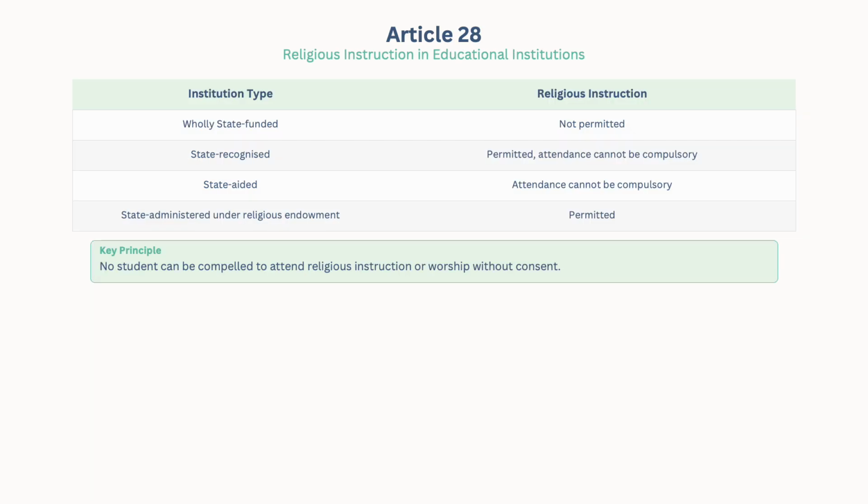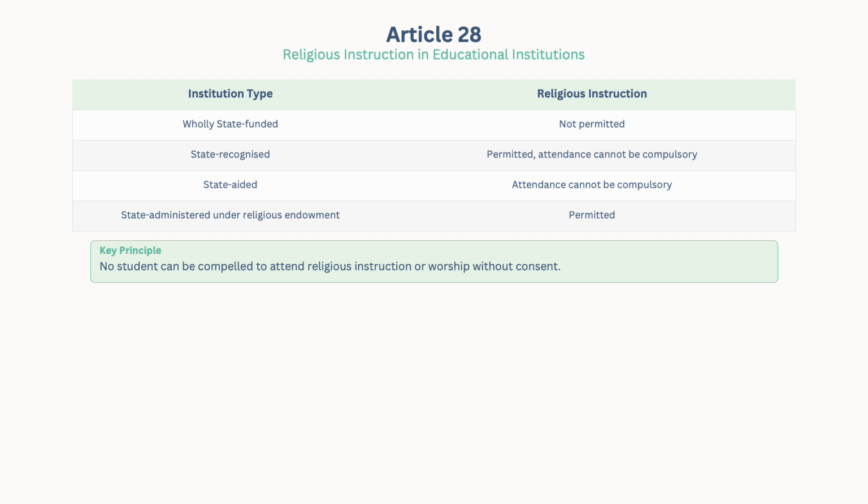Now, Article 28, religious instruction in educational institutions. There are different types of institution. If it's fully owned by the state, which means a government high school or government higher secondary school, religious instruction is not allowed.